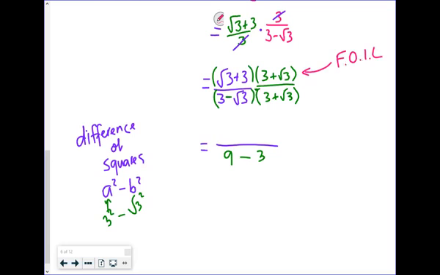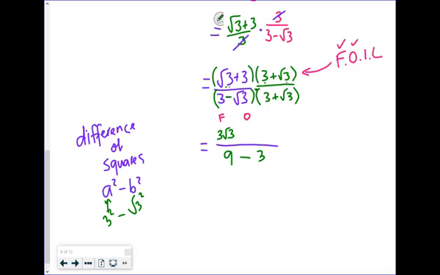So our first term is going to come from square root of 3 times 3. Then we're going to have our outer. We're doing FOIL. The outer comes from square root of 3 times the square root of 3.